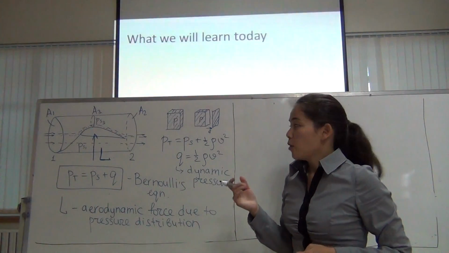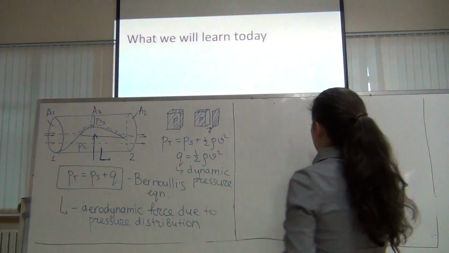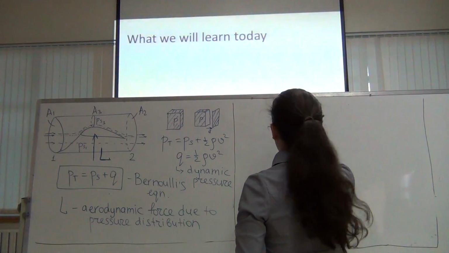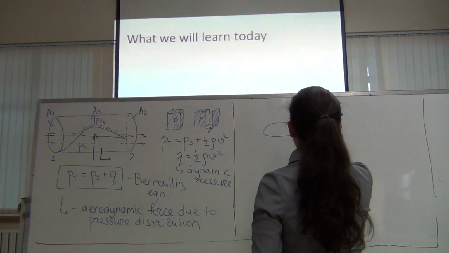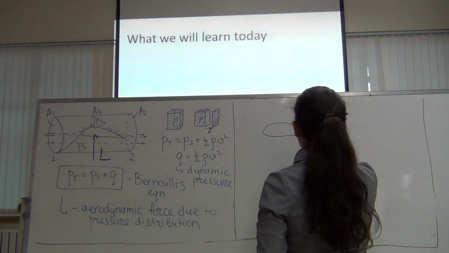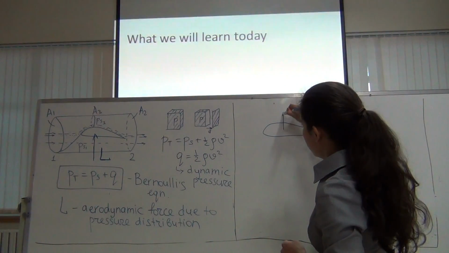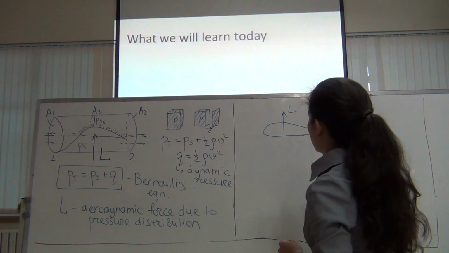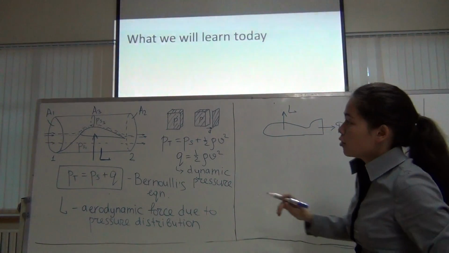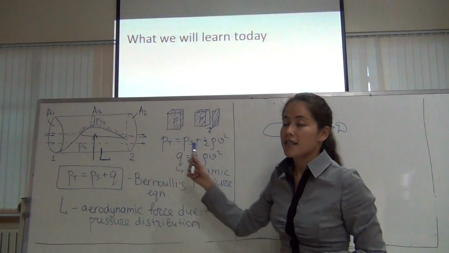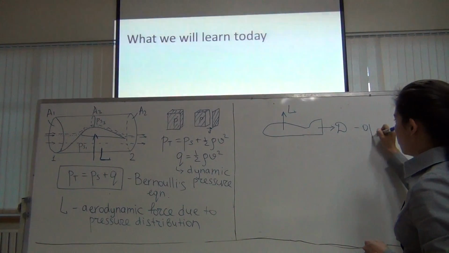For a good, well-designed airfoil, drag should be a lot smaller than lift. So let's draw the plane here. We found out that it has lift upwards, and then drag is a force that occurs for the same reasons as lift, but it should be less, and it opposes the motion of the aircraft.